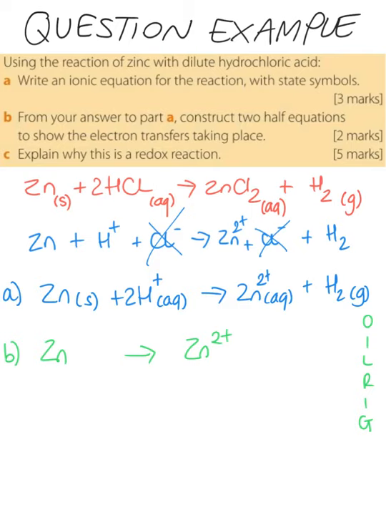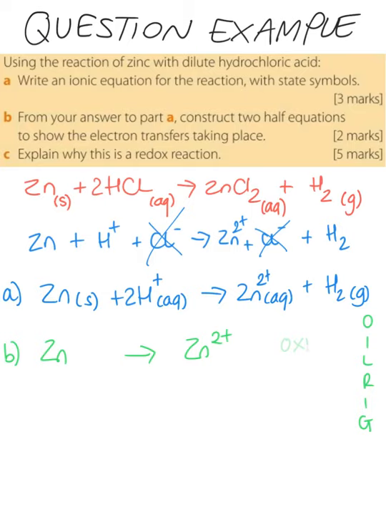So what is happening to Zn from the left-hand side of the equation to the right-hand side? Well, zinc on this side is a neutral atom. Here it is turning into a 2 plus ion. For something to go from neutral to a 2 plus ion, it has lost electrons. So this is going to be our oxidation half equation.